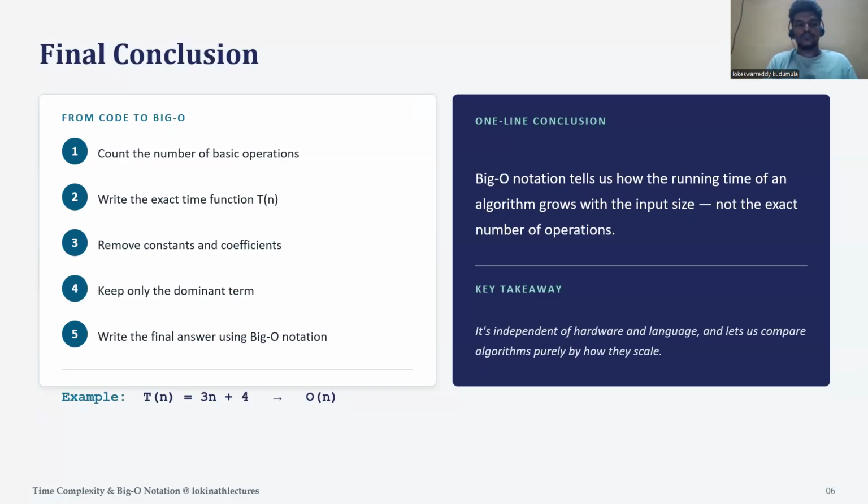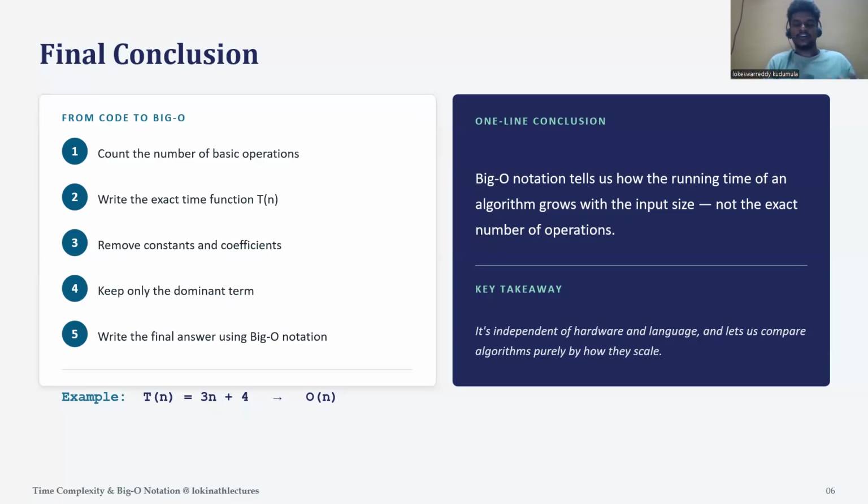For example, in the one we just did, the final big O notation value is, T of n equal to 3n plus 4, so the big O value is big O of n. Big O notation tells us how the running time of an algorithm grows with the input size, not the exact number of operations.